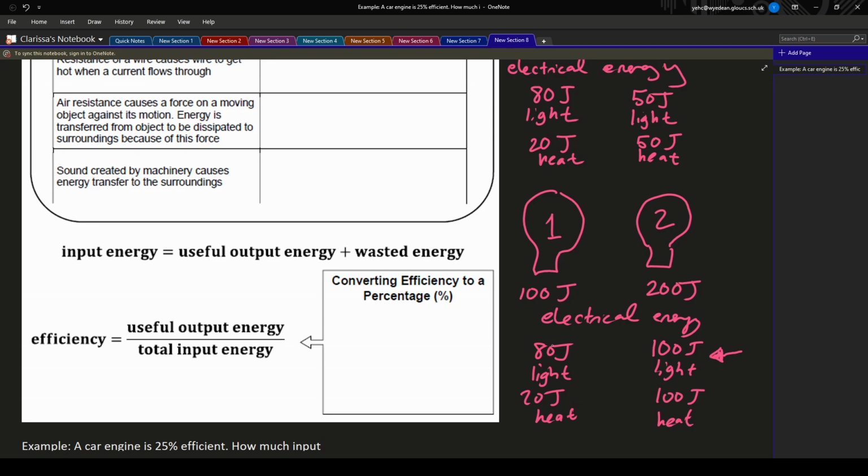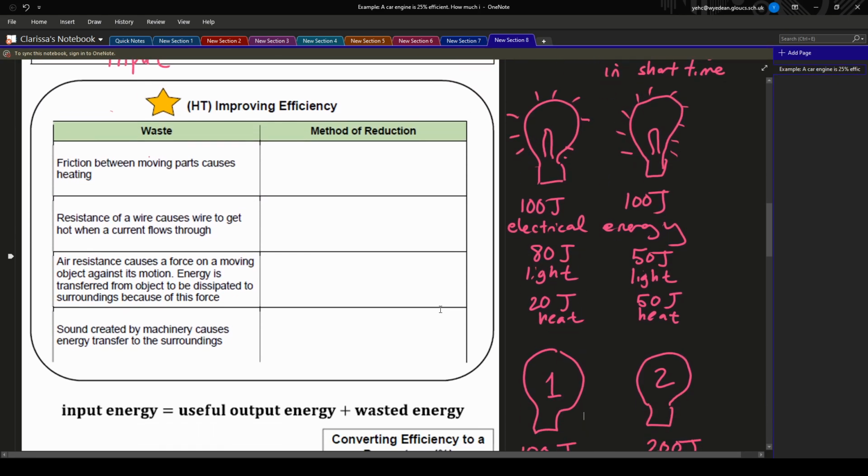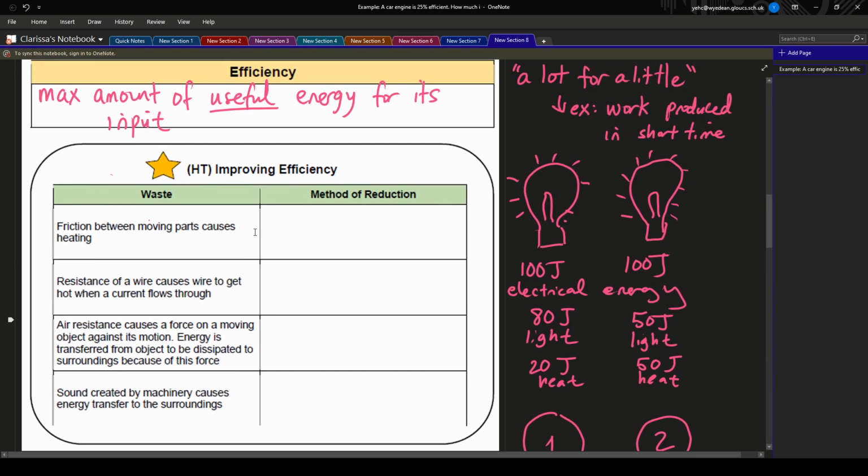They needed more input in order to accomplish that. So when it comes to efficiency, we're always talking about it in the form of a percentage, usually, or a ratio to compare.